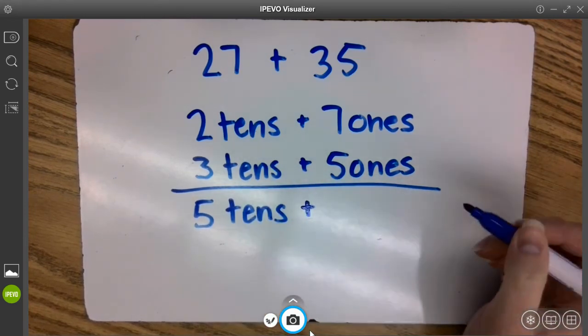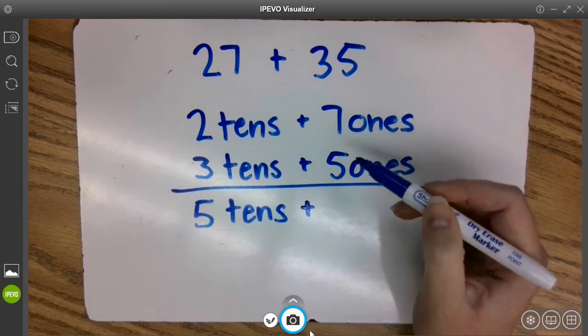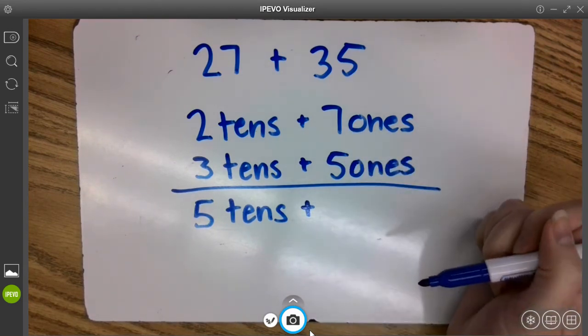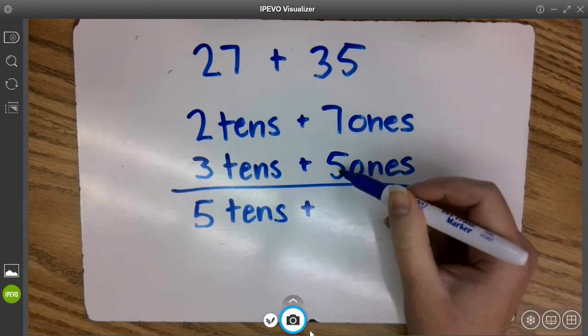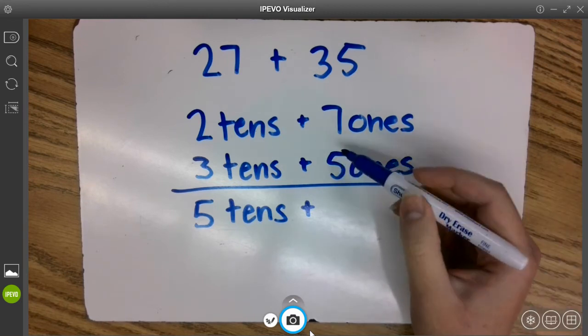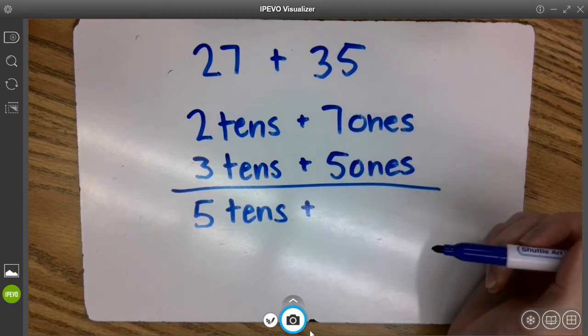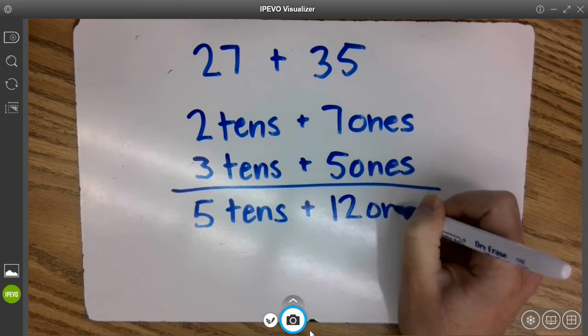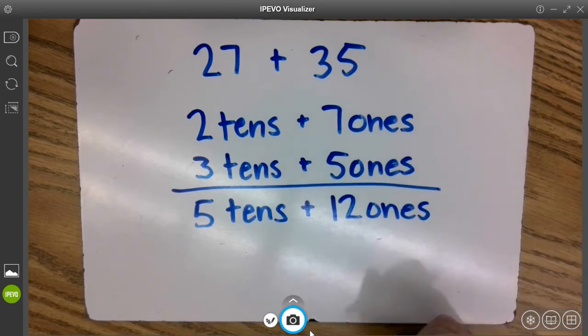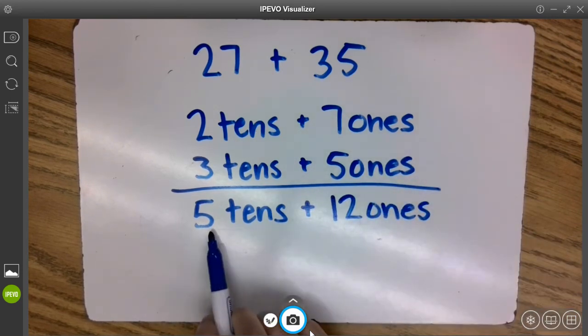Now let's look at our ones. 7 ones plus 5 ones. How many ones do I have? Well, I know 5 plus 5 is 10. 5 plus 6 would be 11. So 5 plus 7 is going to be 12. 12 ones.